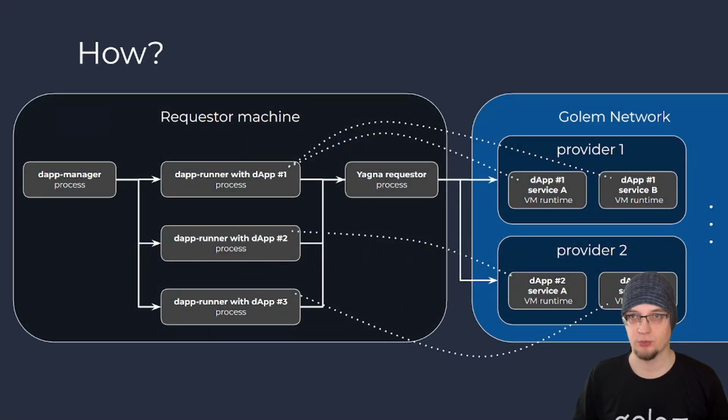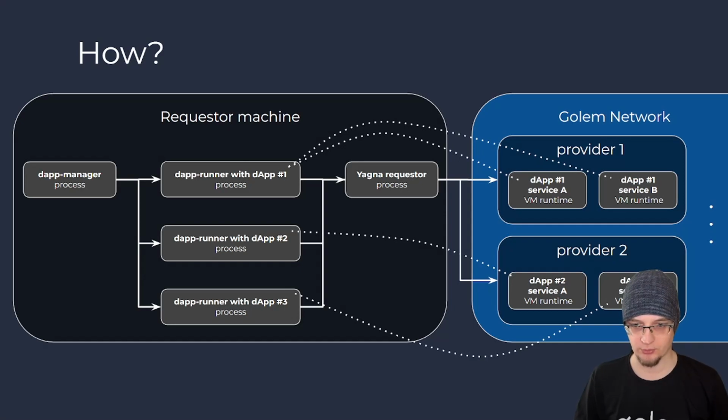Now let's see what moving parts are under the hood and how they are connected to each other. Let's start on the left with us, the requester machine. While invoking an action on Dapp-manager, we are starting a short-lived process capable of connecting to long-running Dapp-runner processes or spawning them. Every Dapp-runner process has its own place and is separate from other Dapp-runner processes.